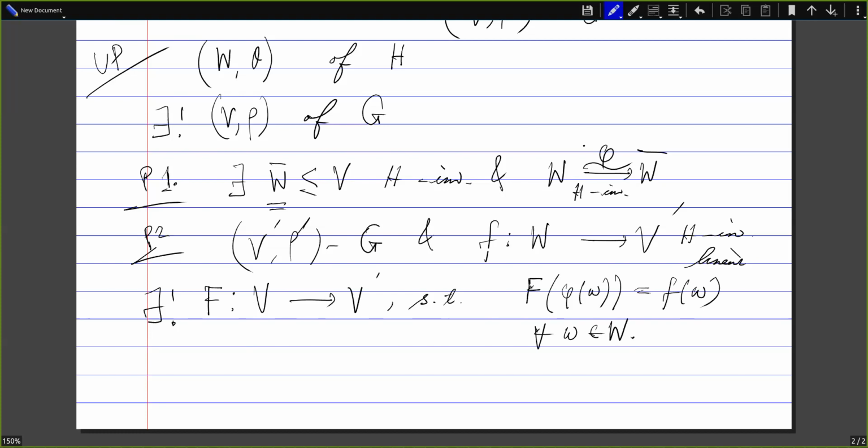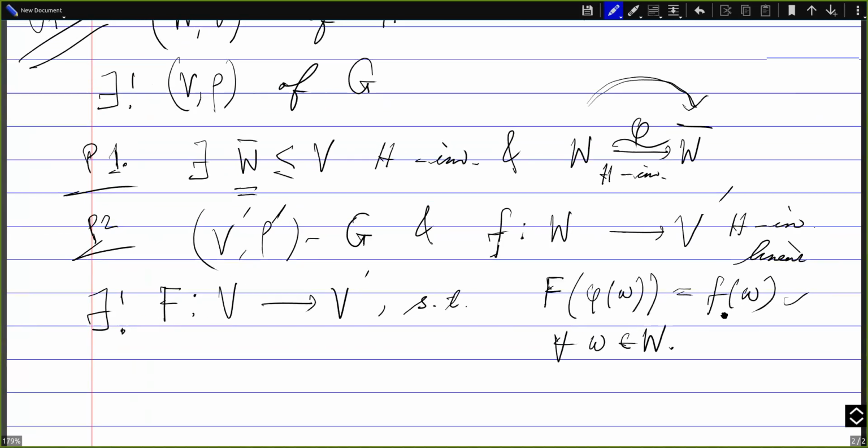So while when we say that it extends, since W is identified with W bar, this f we can regard as an H-invariant map from W bar, and technically this F extends that H-invariant map from W bar to a G-invariant map on V. So therefore, this is the correct formulation. So this is the universal property of induced representations, and we have proved this.